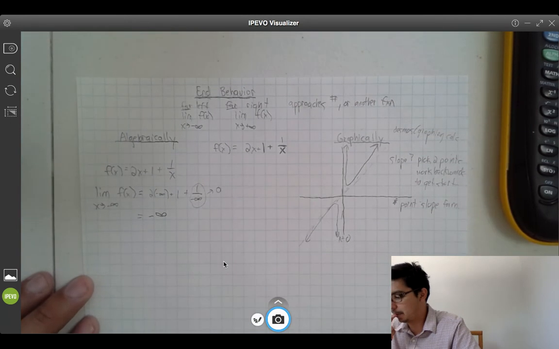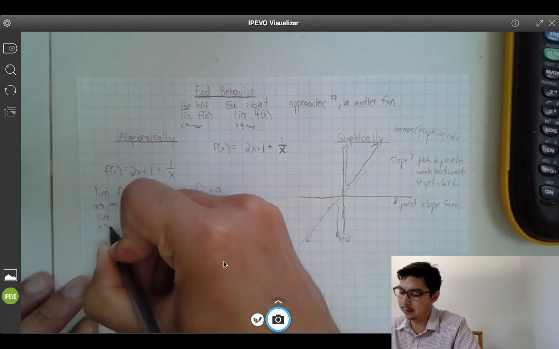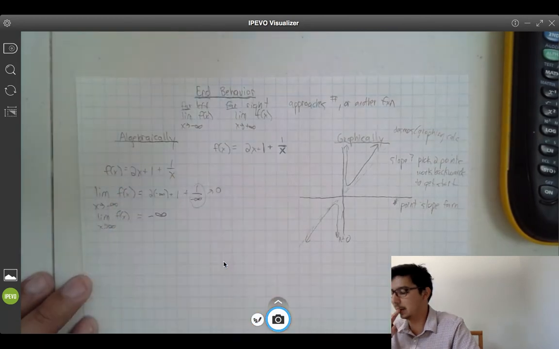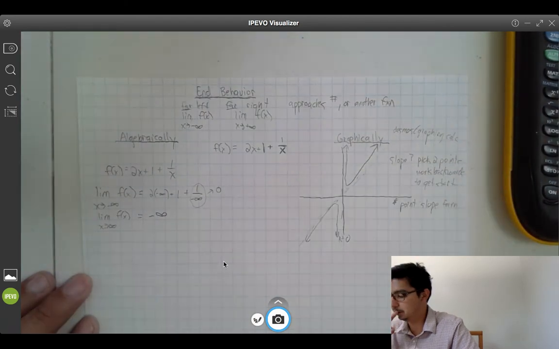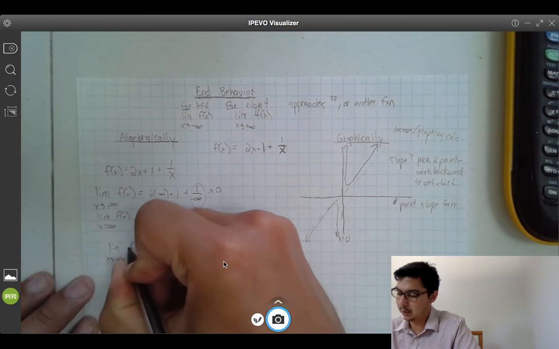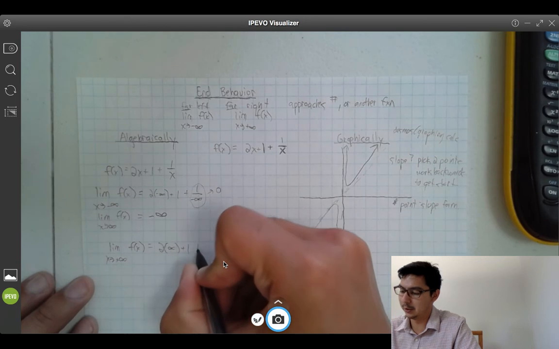We could say the limit as x approaches negative infinity of f of x equals negative infinity. You can see that from the graph, it goes down forever. And then the limit as x approaches positive infinity of f of x is going to be similar; nothing's really going to change.